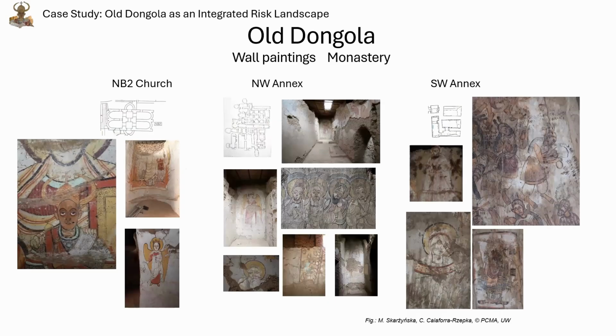Dongola is renowned for its wall paintings. These churches and monastic complexes preserved a cycle with biblical narratives and depictions of saints, combining and synthesizing a lot of cultural influences, and it makes it really unique because we have Byzantine, Coptic, and local African traditions in these paintings.